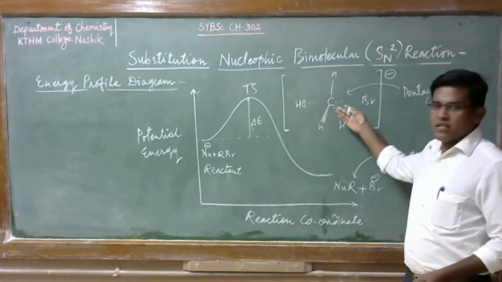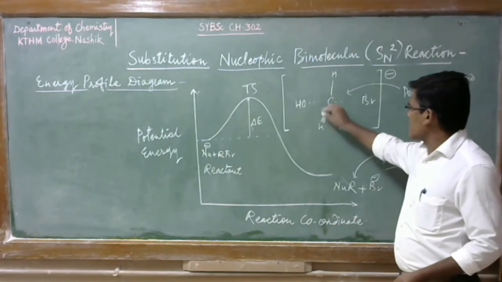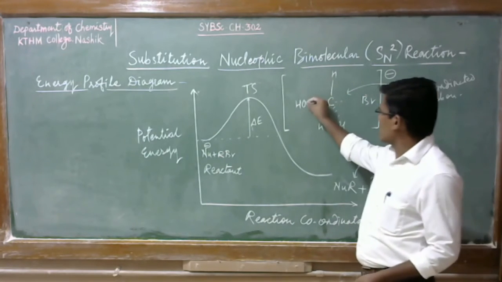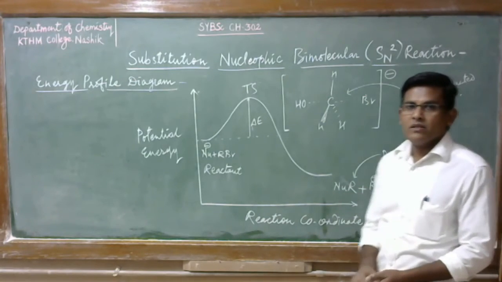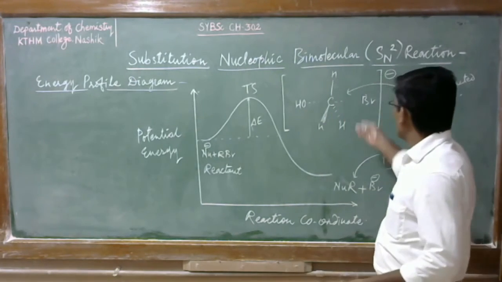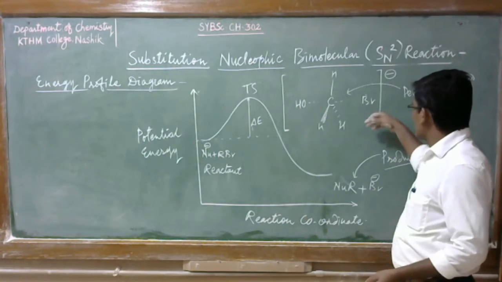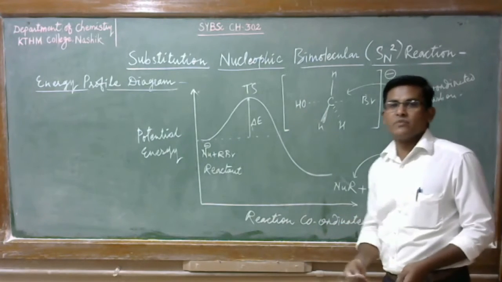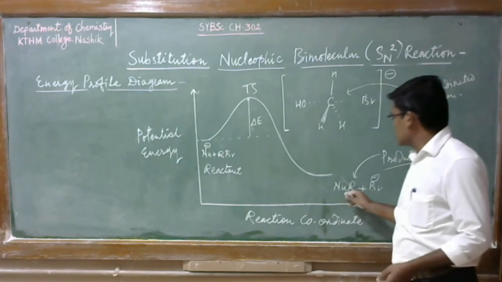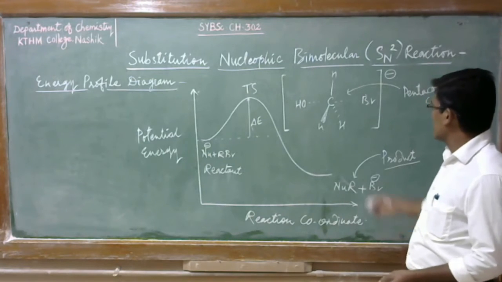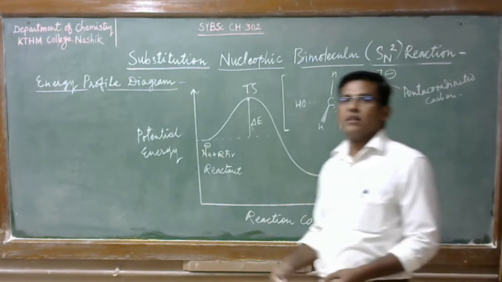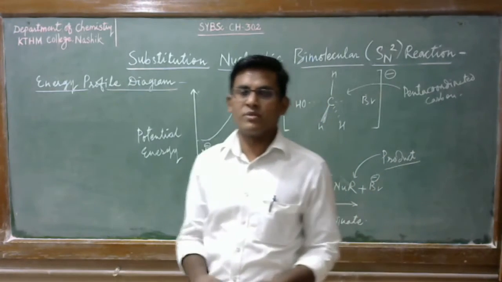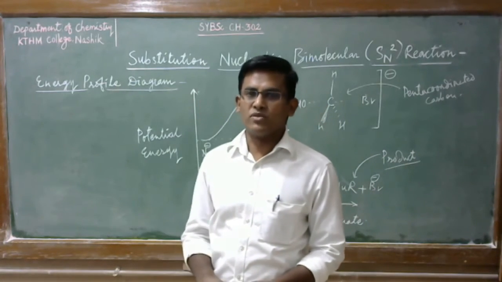It gives this pentavalent carbon transition state, where bond formation and bond breaking happen simultaneously, resulting in the formation of this substituted product. This bromide will get departed, leading to the formation of the substituted product.